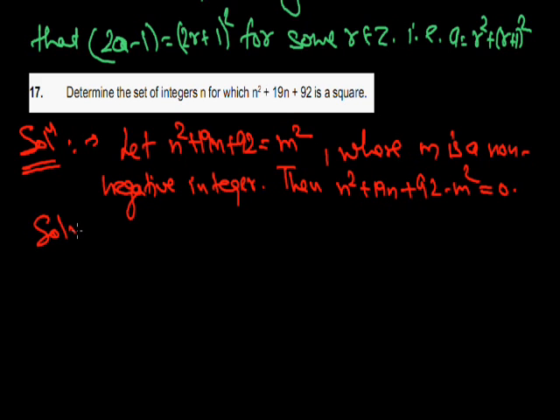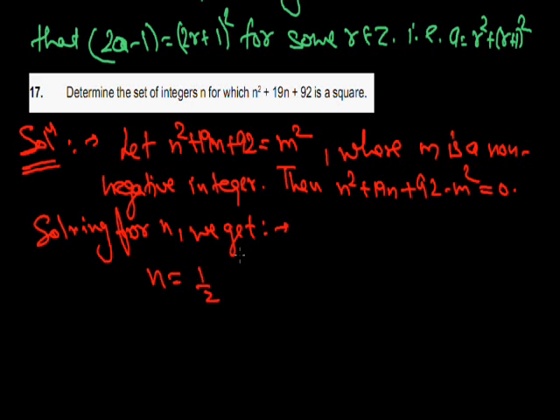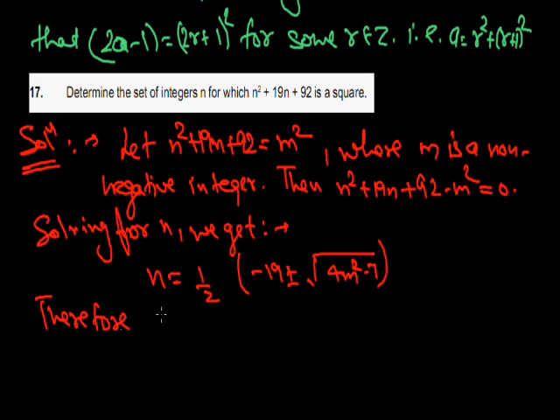Now by solving for n, we get n is equal to half of (-19 ± √(4m²-7)) by the quadratic formula. Therefore we can say that 4m²-7 is a square, as n is an integer, so 4m²-7 must be a square term.